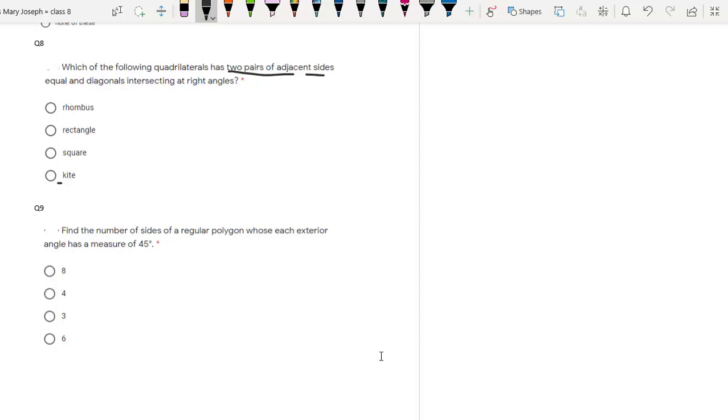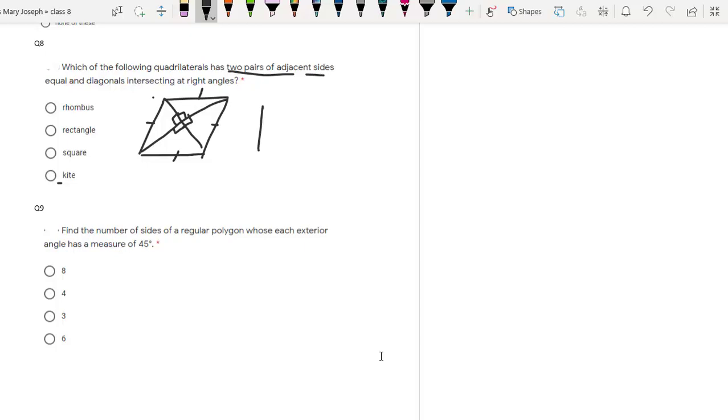Question number 8. Which of the following quadrilateral has 2 pair of adjacent sides equal and diagonal intersecting at right angles? So let's see. In the case of rhombus, all sides are equal and diagonals bisect each other at right angle.